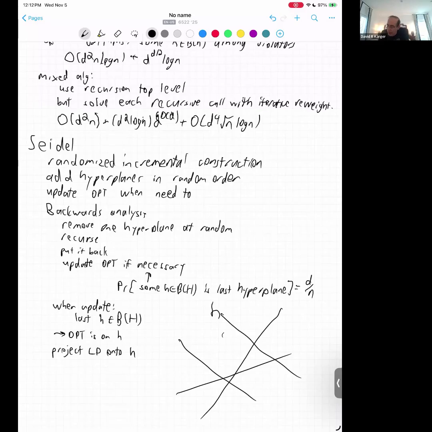Sorry, it doesn't really make sense for me to ask these questions because I can't see you nod. So tell me if it's not clear. We take this hyperplane that we know is optimal, and we project the linear program onto it. Now we have a d-1 dimensional linear program. And on this, we recurse in order to find the optimum.